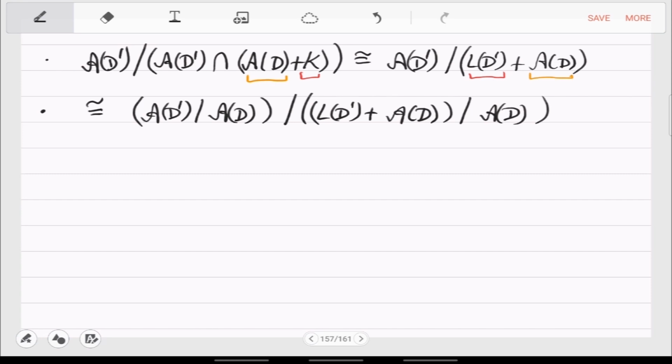Now in this quotient you can see that AD is present in the numerator and in the denominator, so we can take mod both sides and the quotient will not change, it's isomorphic, which is isomorphic to this thing mod. Here again you can do that trick, the intersection trick.